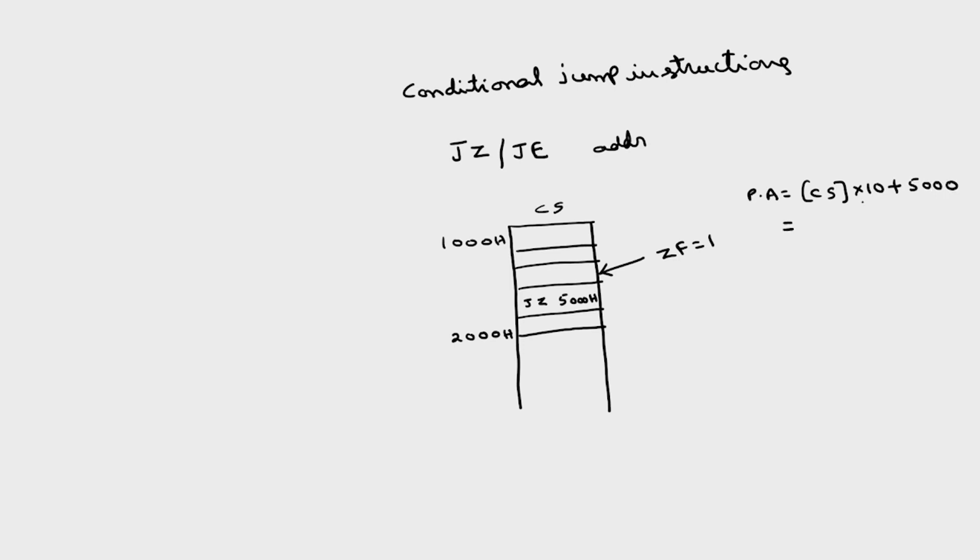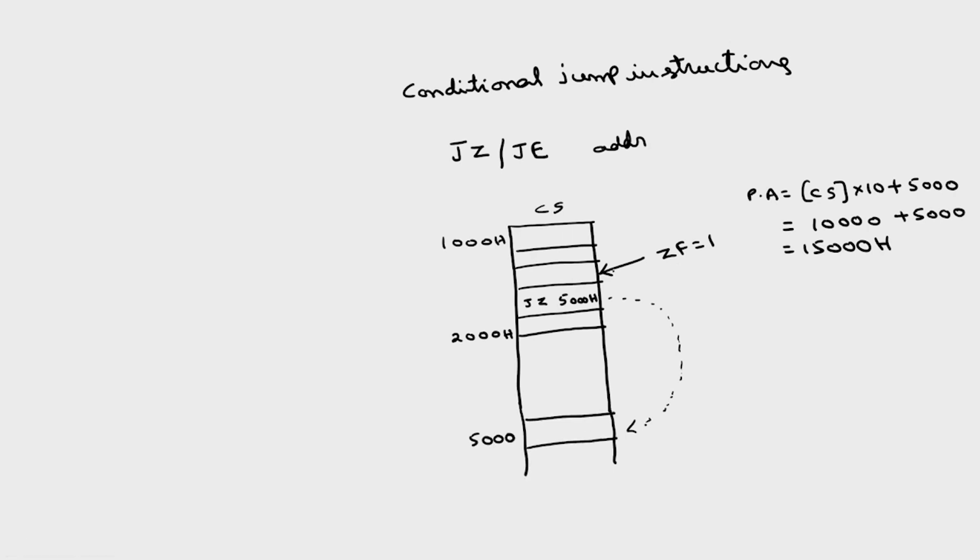This is equal to 10000 plus 5000, which is equal to 15000 H. So, the microprocessor control goes from here to the location which is at 5000 H.